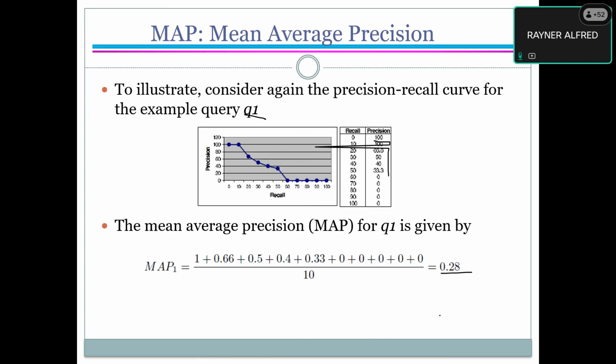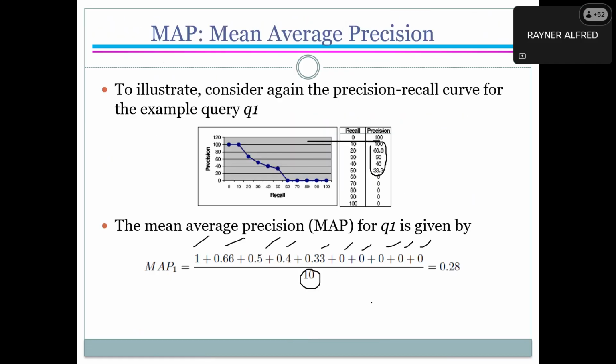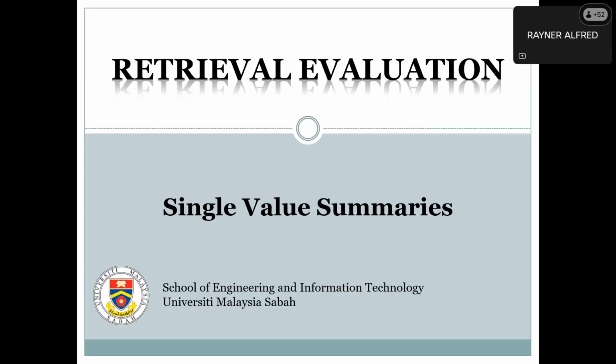Okay, any question? Okay, if we look at query number 2, yeah, same thing here. Okay, query number 2 would be what? If we go back here, what is the mean average precision here?